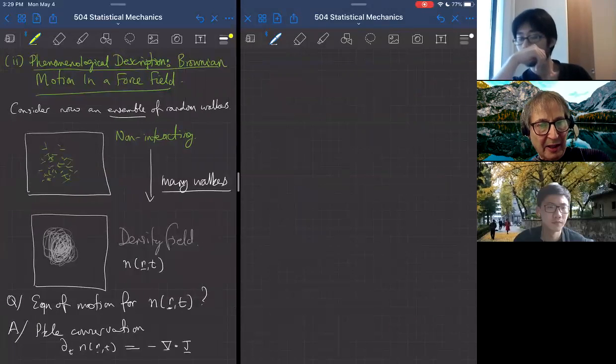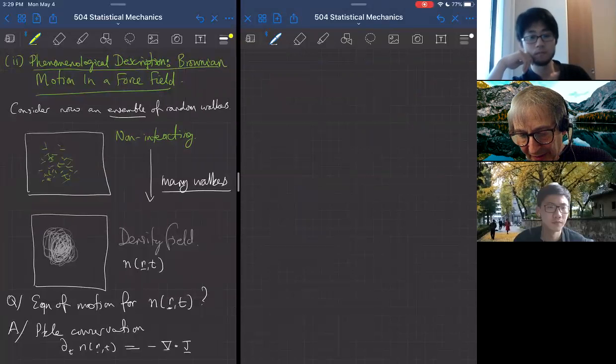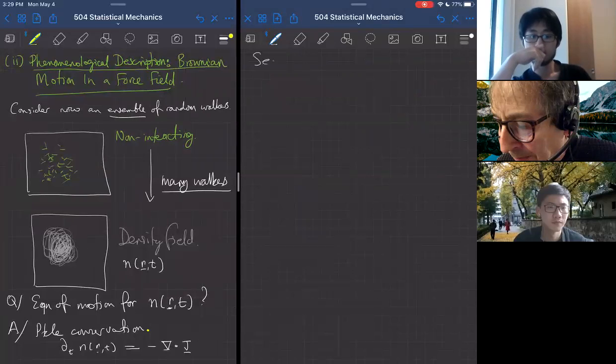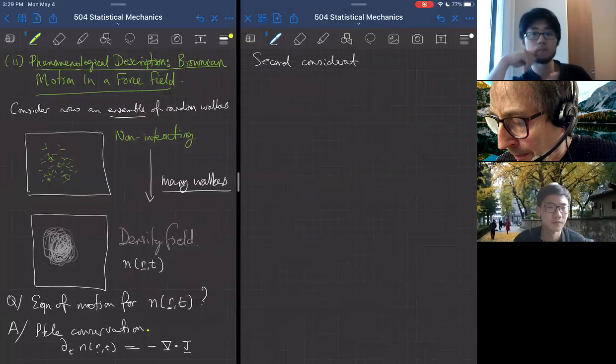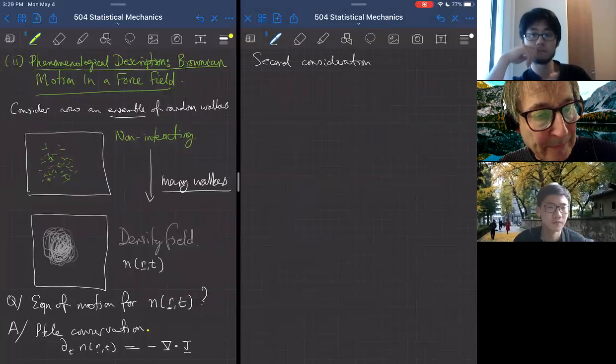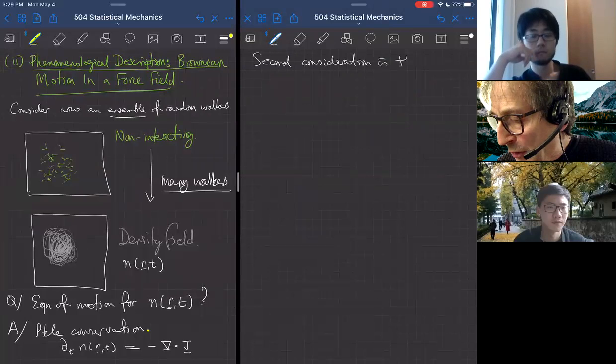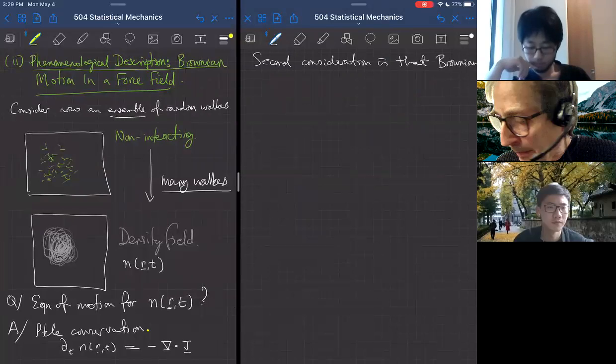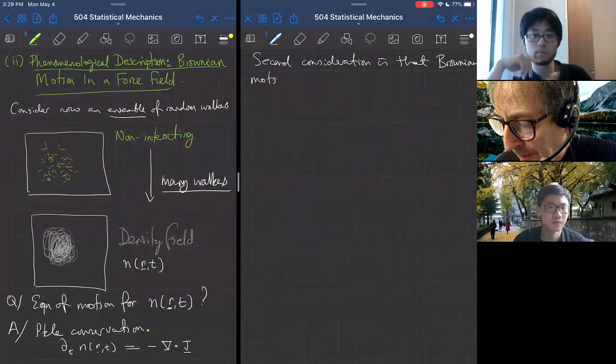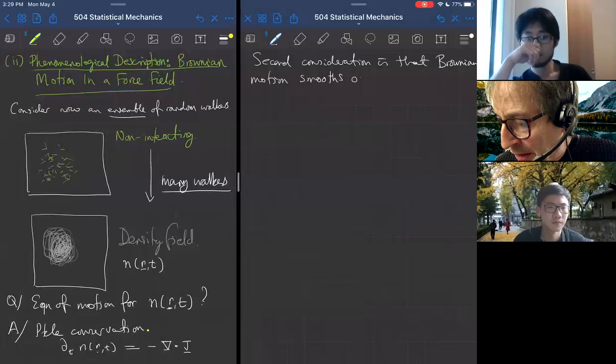The second consideration is that Brownian motion smooths out density gradients.